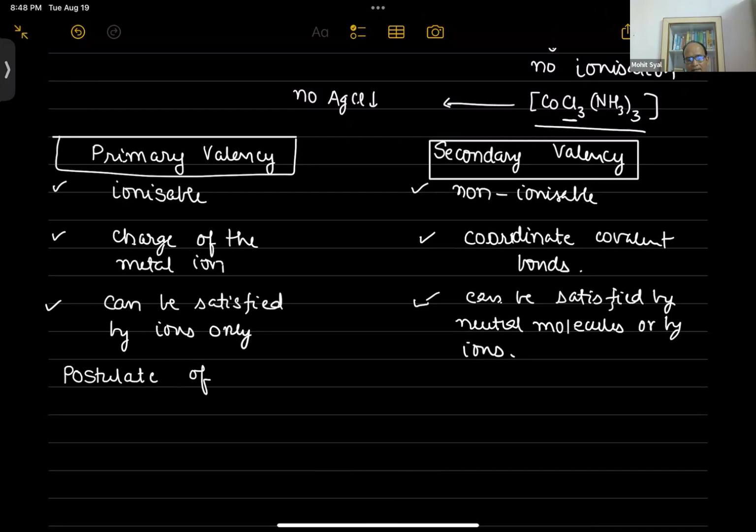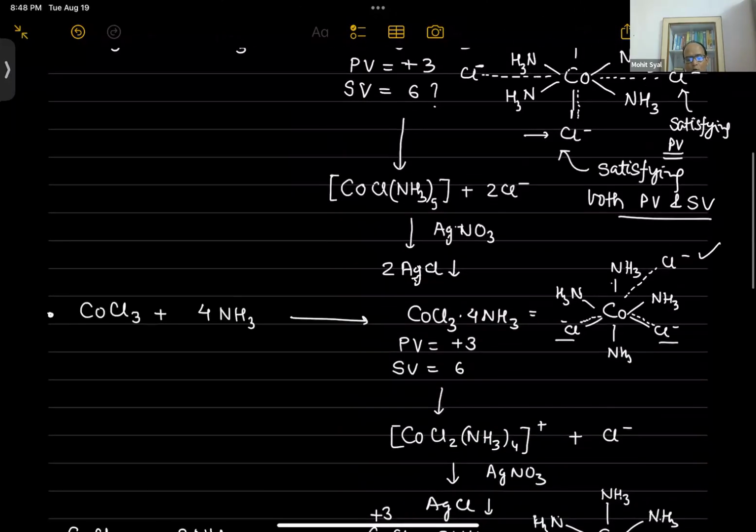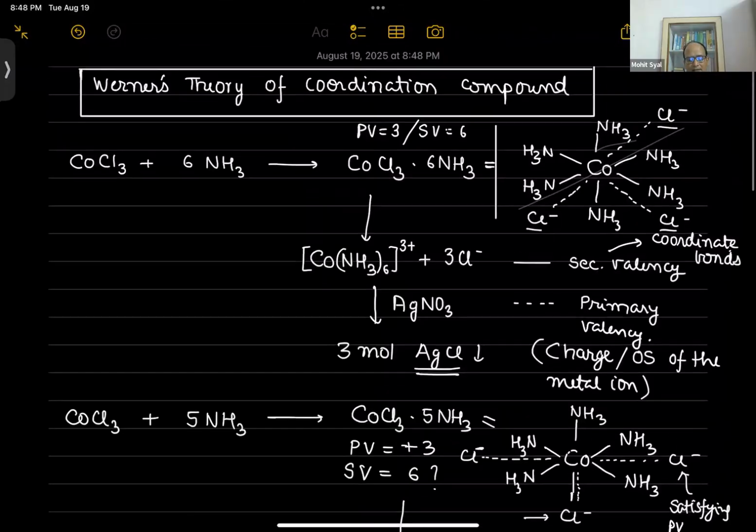How many types of valencies can a metal ion exhibit?